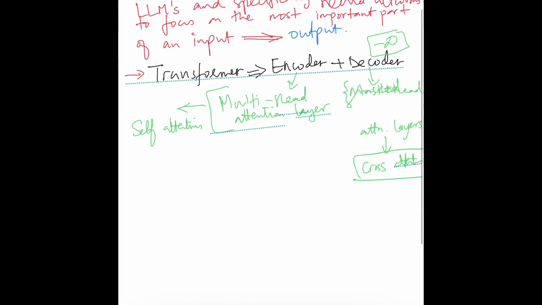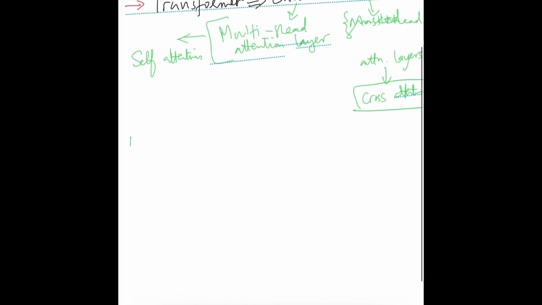So now we'll take an example and dive deep into it. Let us take an input sentence that says "best pasta in Austin, Texas."